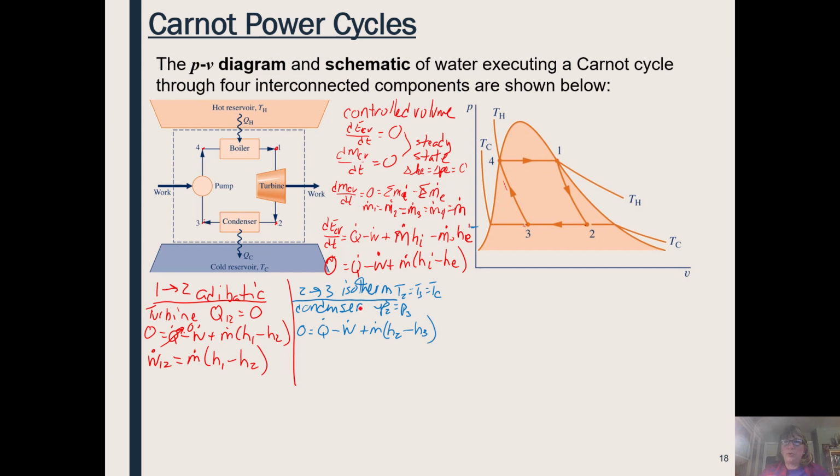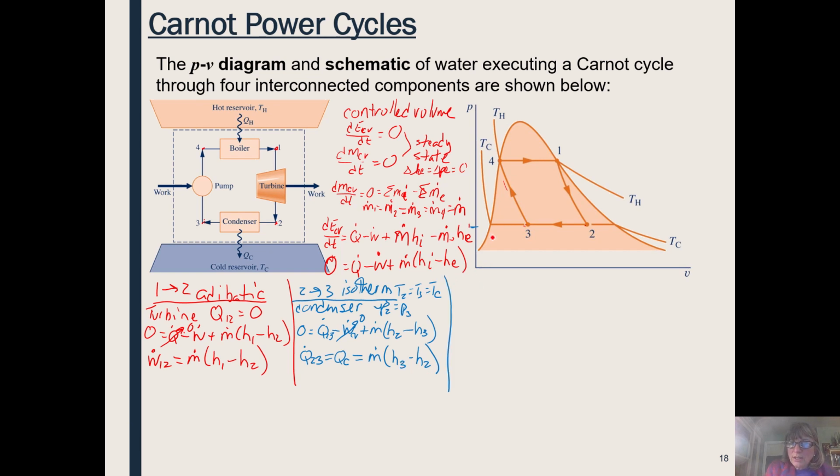Our flow work is part of our enthalpy, but all the other types of work in our controlled volume are 0 for a condenser. And so Q from 2 to 3, which is our Q_C, if I bring this over, is going to be m dot (h3 minus h2), taking that negative sign through.